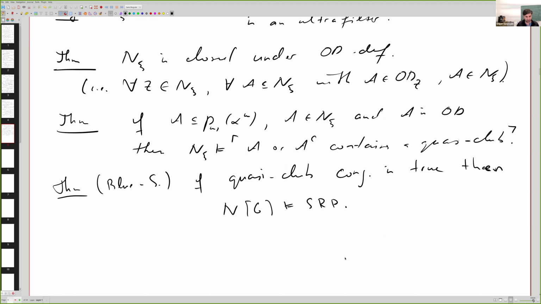But as evidence for this, you can also prove that N G satisfies SRP star. So the star version of SRP is basically SRP outside of an ideal.